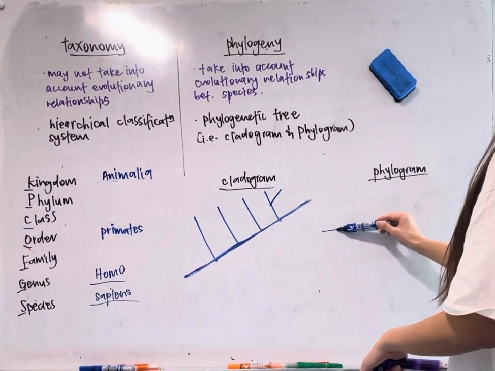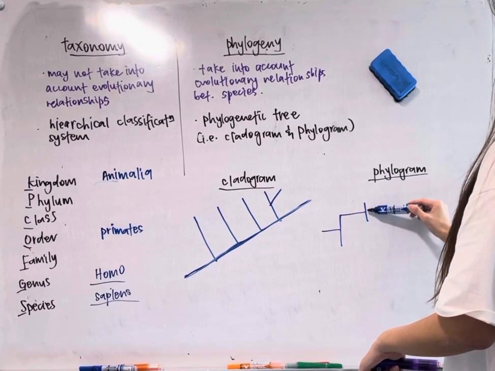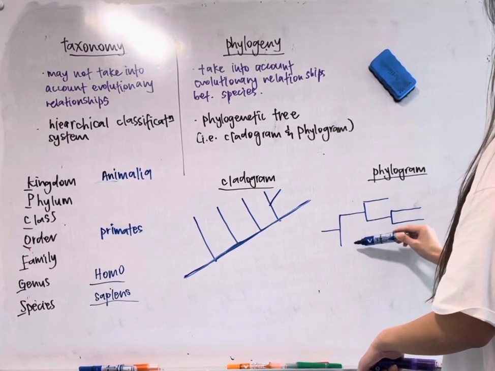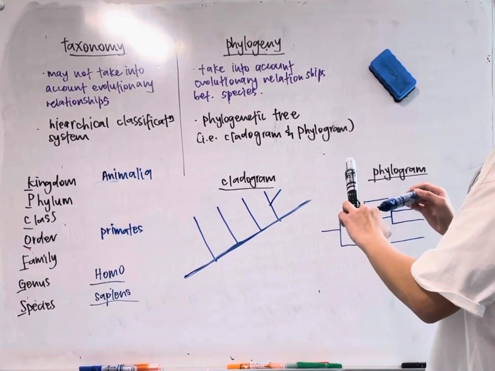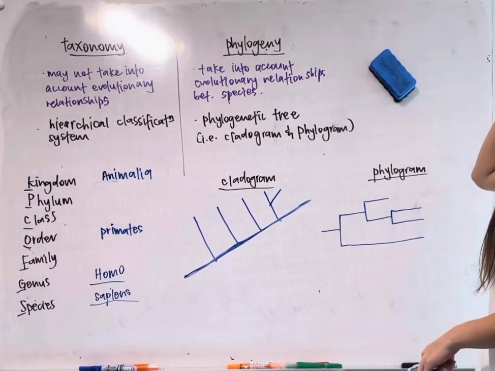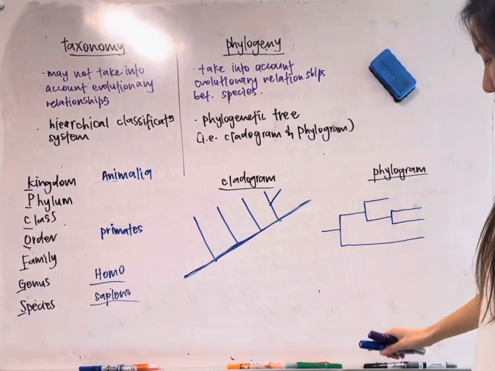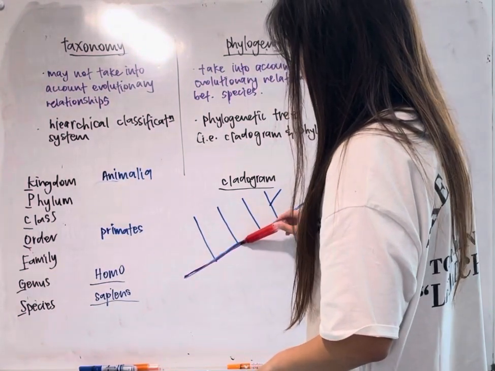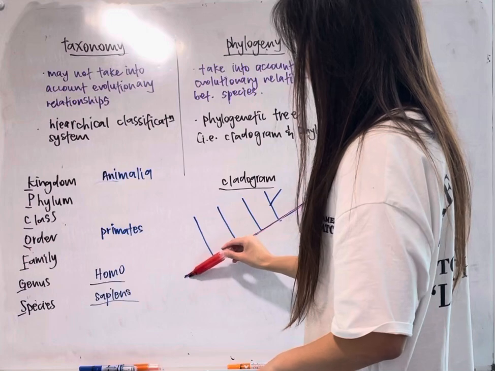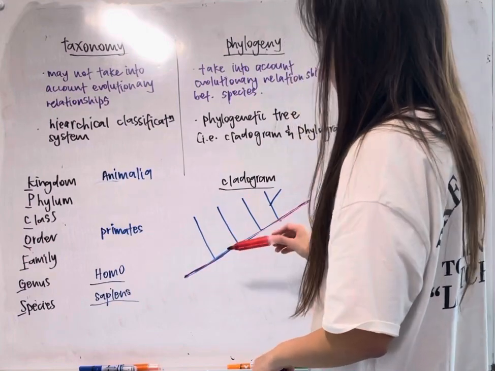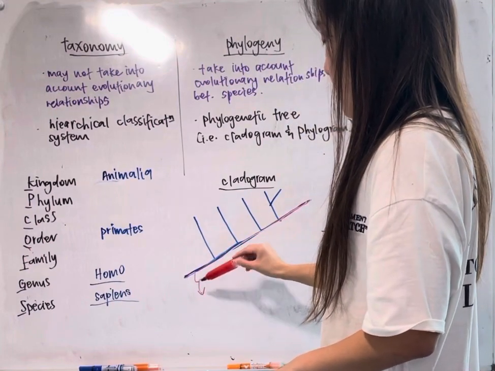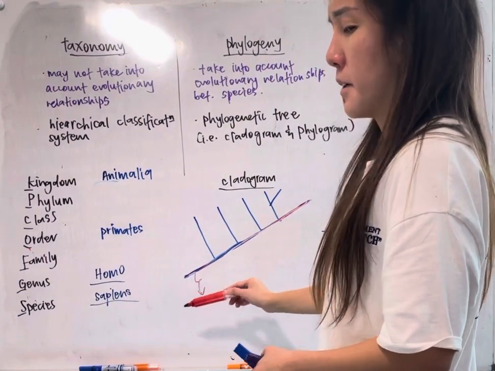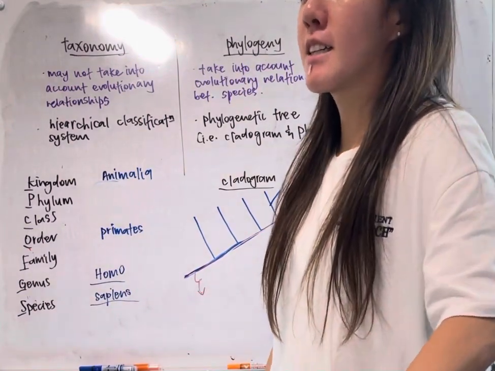Phylograms you can write horizontally or vertically, it doesn't matter, but branch length matters. Usually this line can be time. But if it's not time, what does this main backbone usually represent?